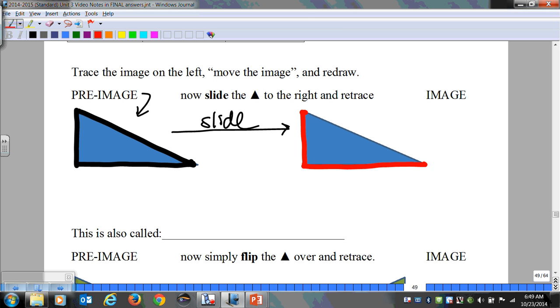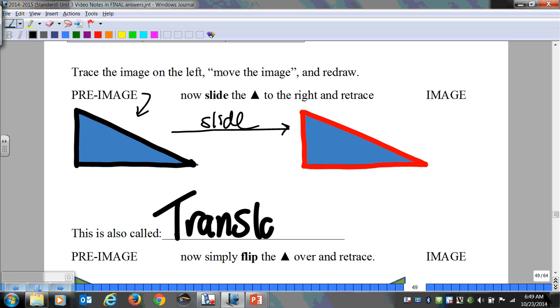Obviously the triangle is exactly the same. The triangle before you move it is called the pre-image. After you move it is called the image. That is a slide. That slide has another name. In math we call that translation.